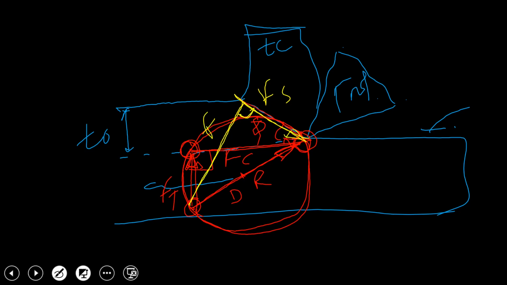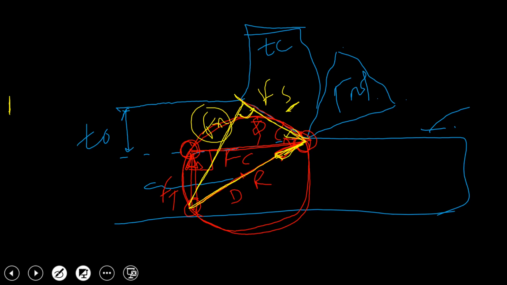So this is Fn. So this is the shear force and Fn is the normal force. And again, if I calculate the resultant of those two, it will appear like this one only.